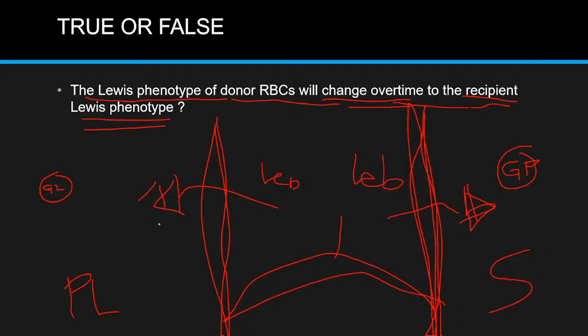So let's talk about it this way. Can you guys hear me? Hello? All right. So you guys can hear me, right? Now, because I mentioned the donor RBC and the recipient's phenotype, we're talking about two types of RBCs.